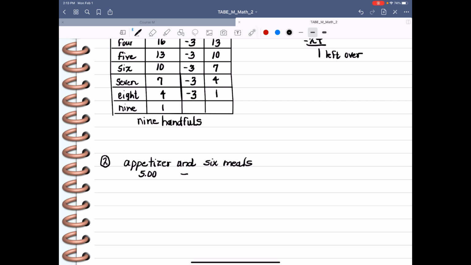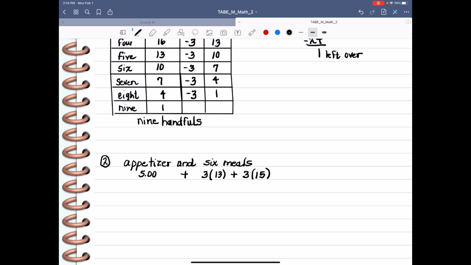The word and means plus. And I can't just say 6 times something because the meals are different prices. 3 of the meals cost $13. And then 3 of the meals cost $15. So this is definitely one way to set up the equation.